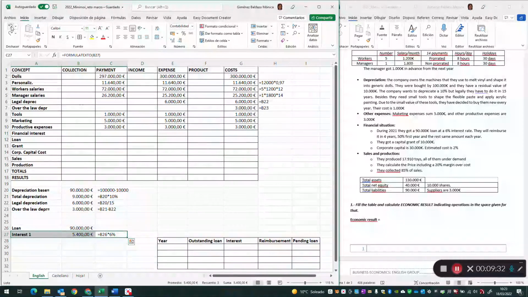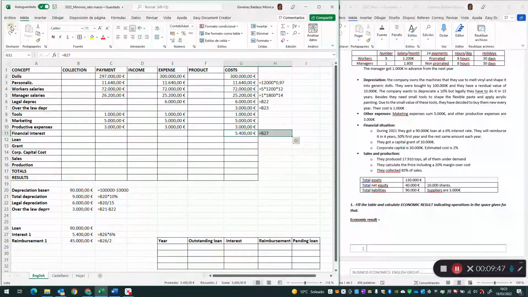And then we have a reimbursement. It says 50% the first year, so we do 50% for this year, okay? Then we have a grant of 10,000 and a corporate capital of 30,000 with a cost of 2%.